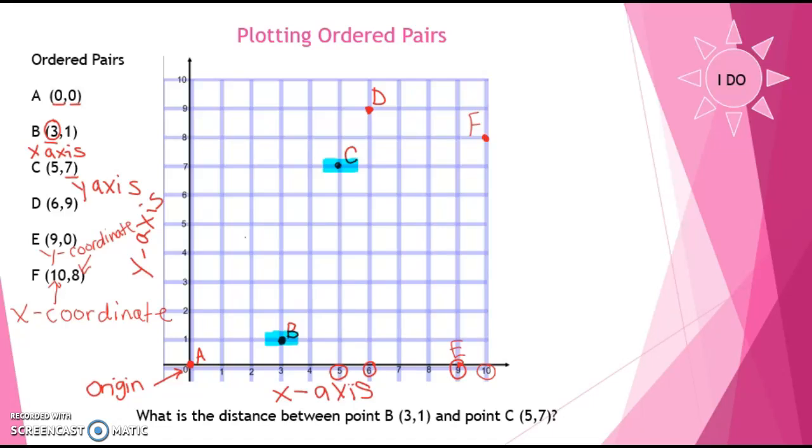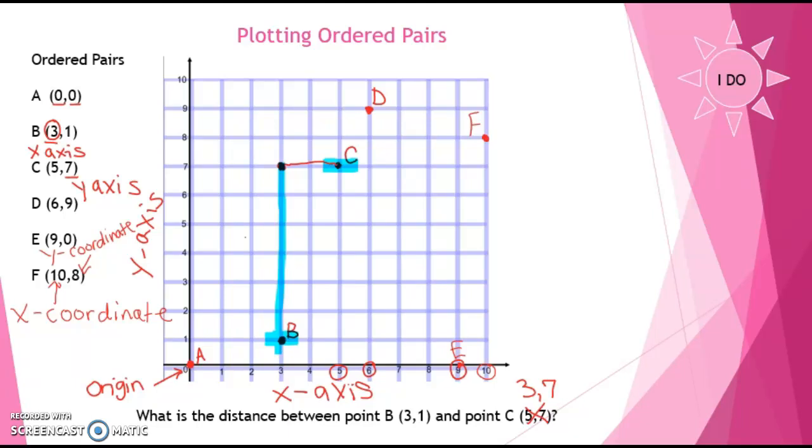Actually, because in 5th grade we are not going to be doing diagonal differences between two distances, we are going to move point C over to 3, 7. I'm going to change this to 3, 7, and we want to find the vertical distance between point B and C.